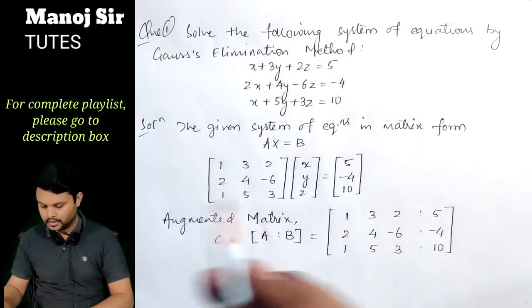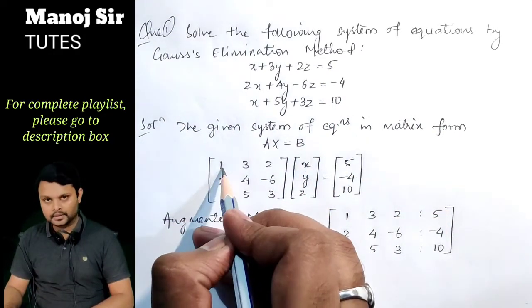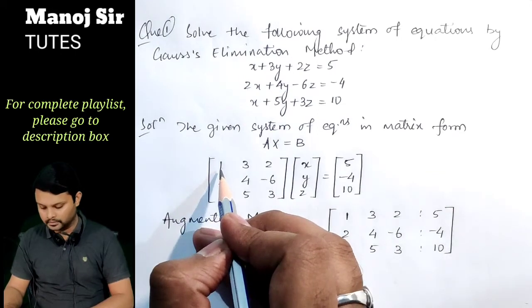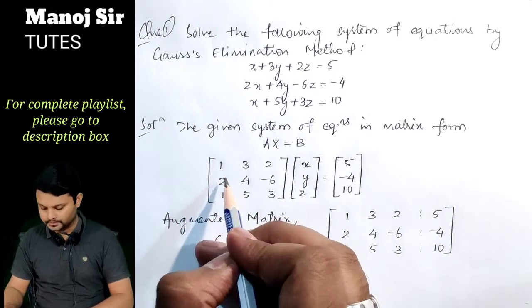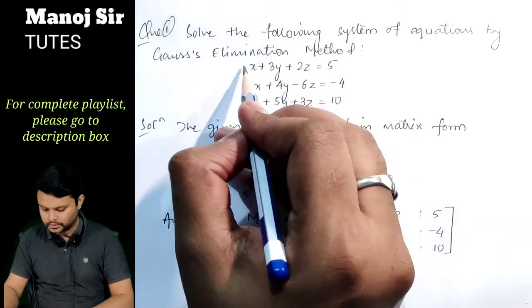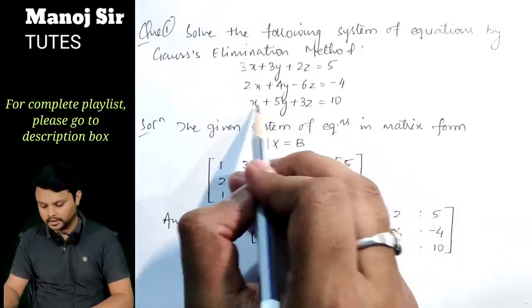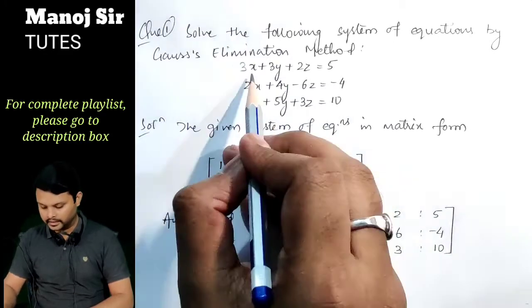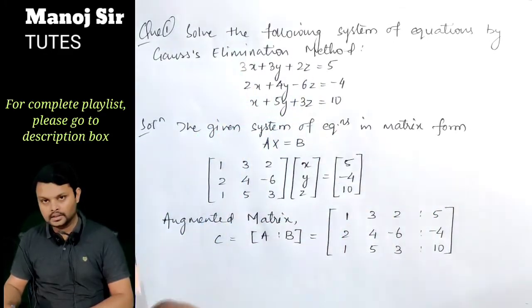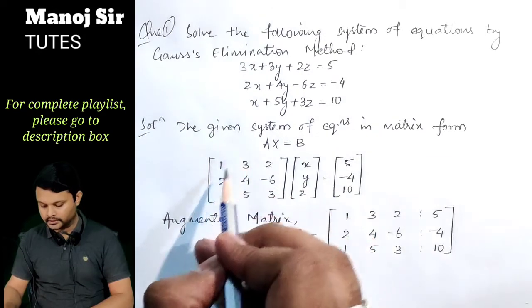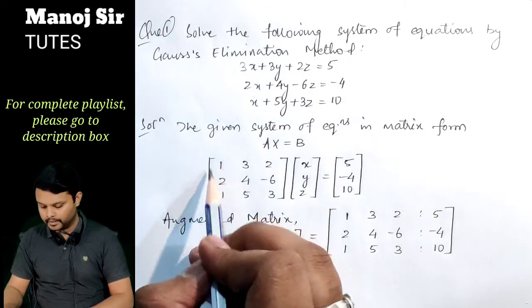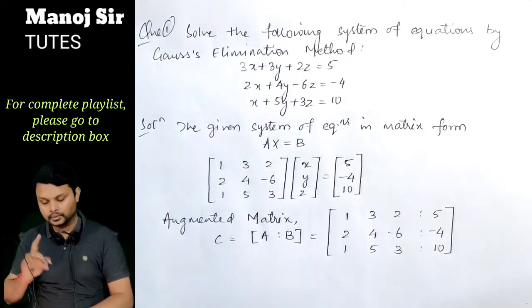Make sure that this element, a11, should be 1. If it is not 1, suppose here we had 3, then we would have taken the third equation in the first row and the first equation in the last row. In this way we can make the first element 1.